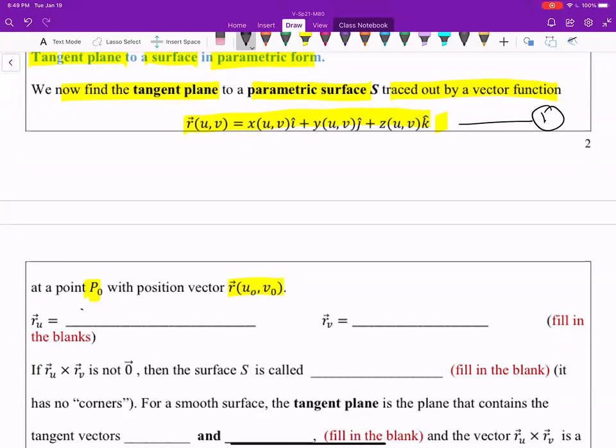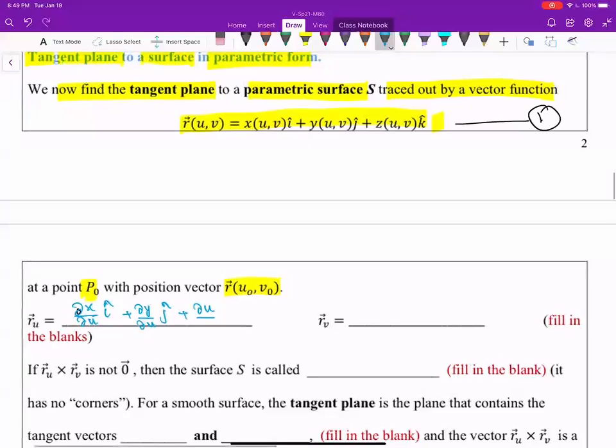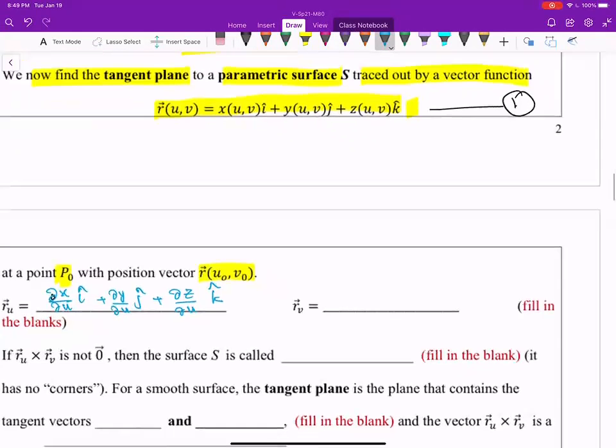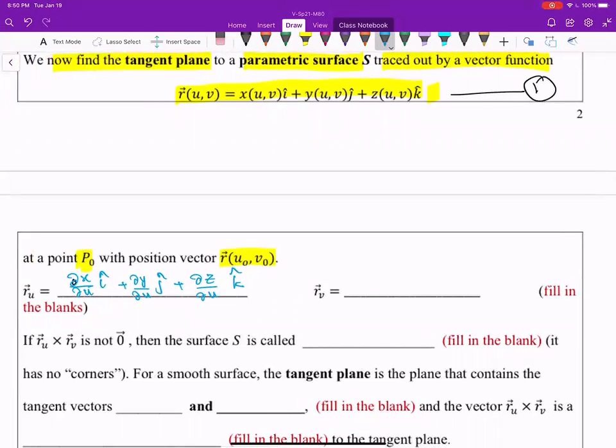It can be written as the partial derivative of x with respect to u, i, plus the partial derivative of y with respect to u, j, plus the partial derivative of z with respect to u, k. In the same way, we differentiate equation 1, r of u v, partially with respect to v. So it will be dou x by dou v i plus dou y by dou v j plus dou z by dou v k.